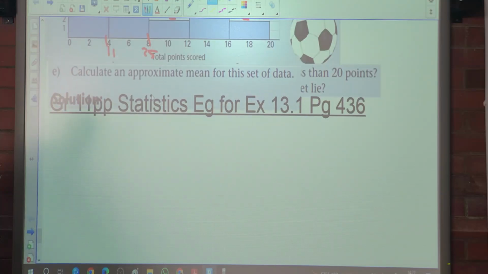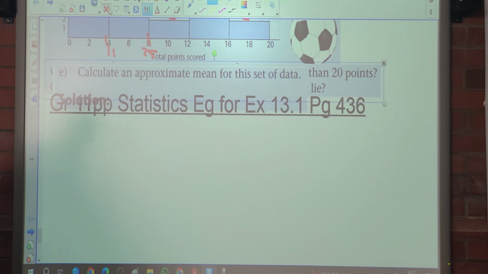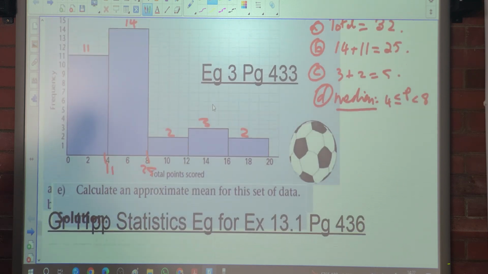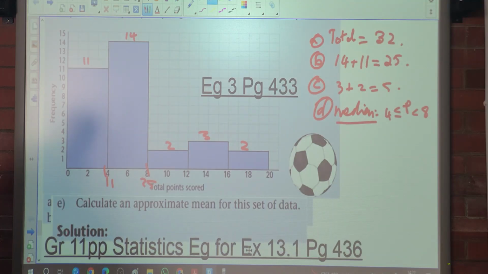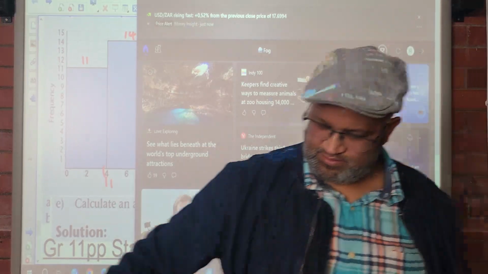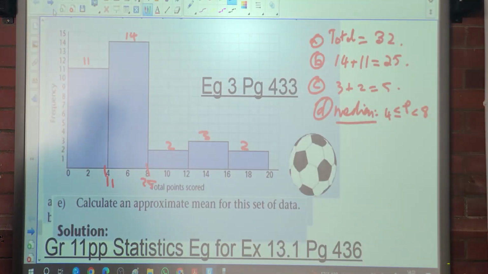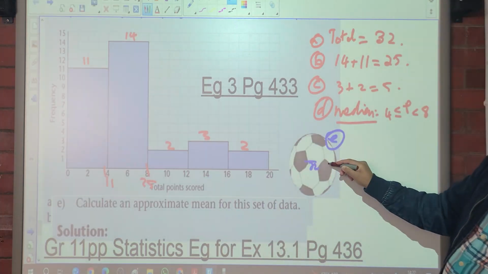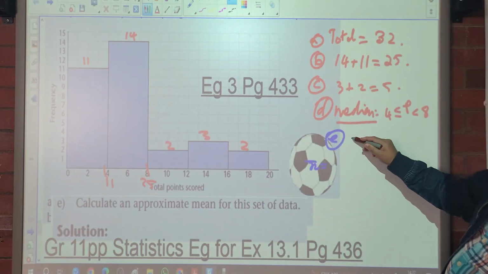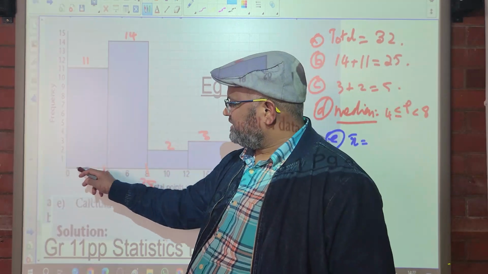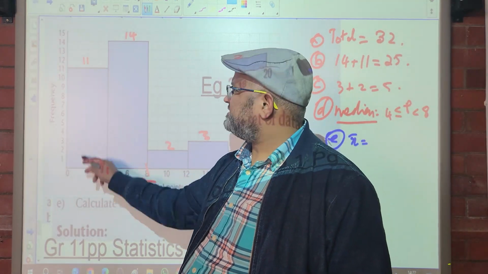E, the question says calculate the approximate mean for this data set. So to calculate the mean, I'm going to take the midpoint of this class. 0 plus 4 is 4, divided by 2 is 2.